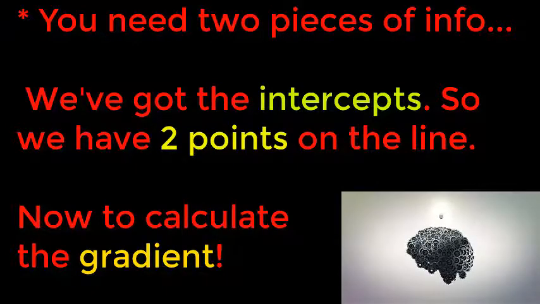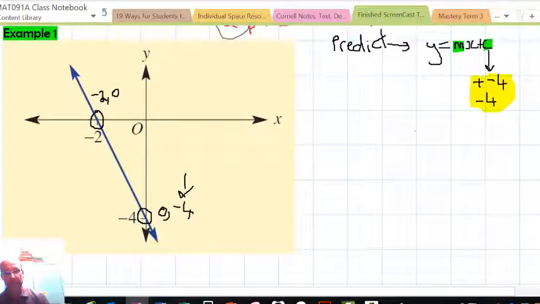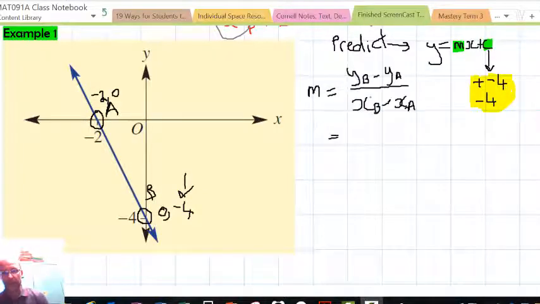Okay, remember, we need to name the two points for the gradient formula. I'm going to call that point A and that one point B, and the gradient m is yB minus yA over xB minus xA.